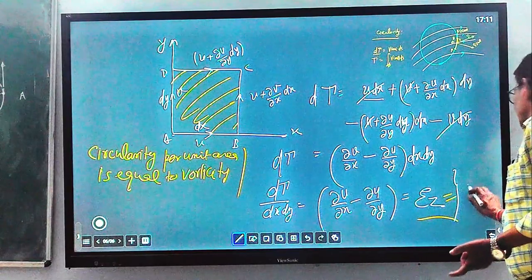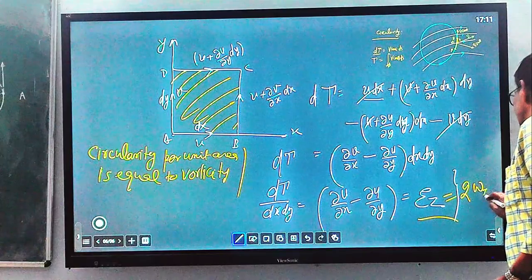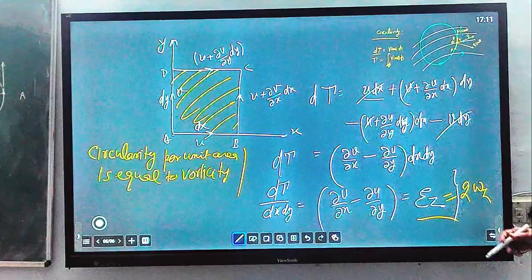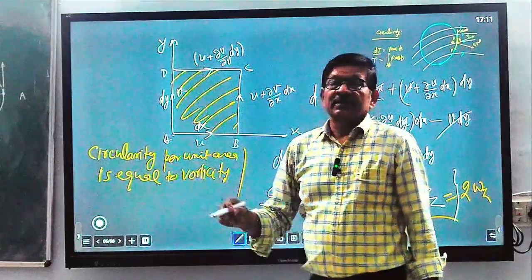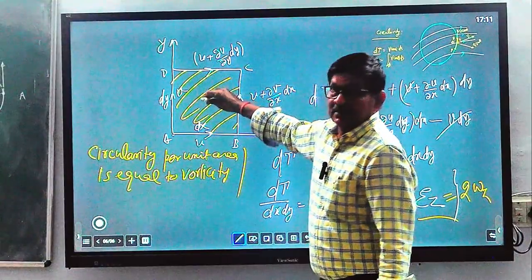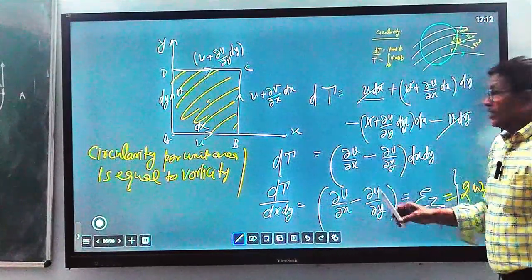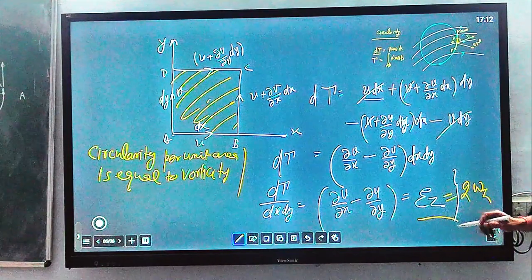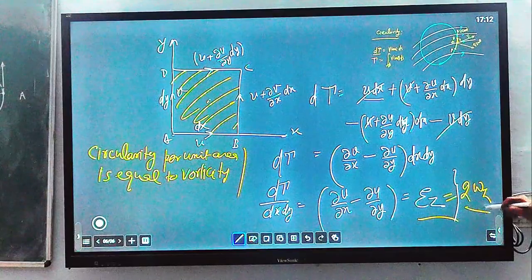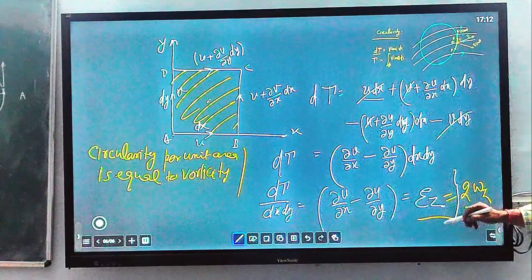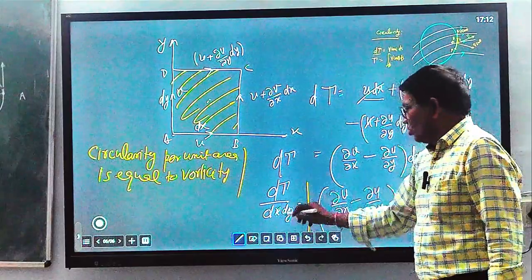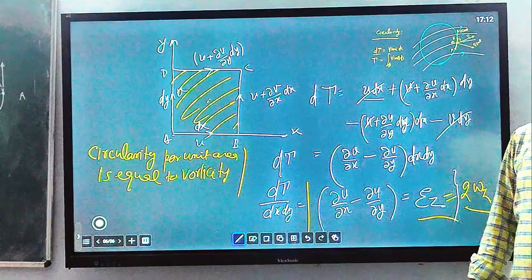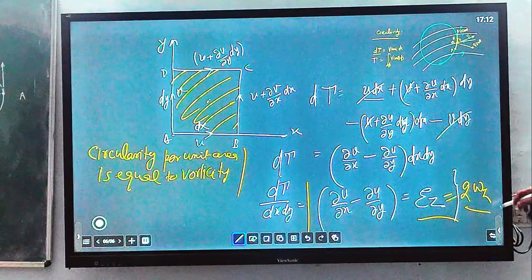You can say it is 2 times omega z, or 2 times the rotation about the z axis, because this element is in the xy plane, so the rotation will be about the z axis. That's why circulation per unit area d tau over dx dy is equal to vorticity about the z axis, or 2 times the rotation about the z axis.